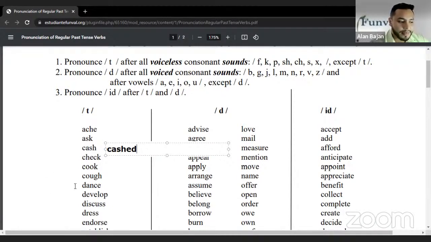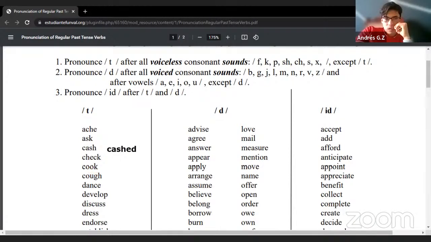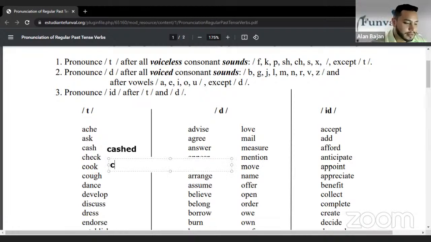Let's see. Cook. Repeat in your houses. Cook. What of these sounds has the verb cook in the last syllable? Okay. K. All right. So how is the pronunciation in past tense?